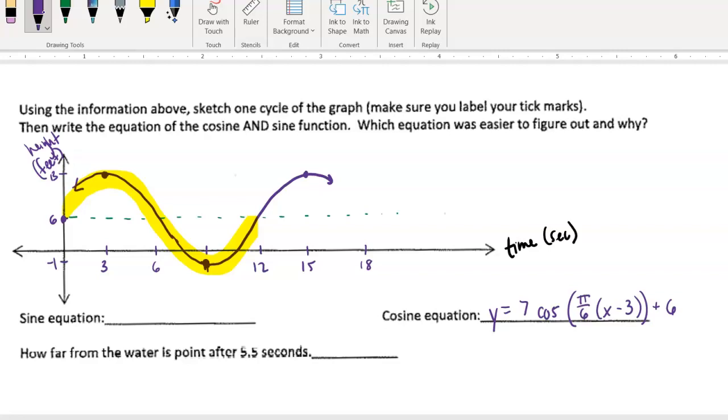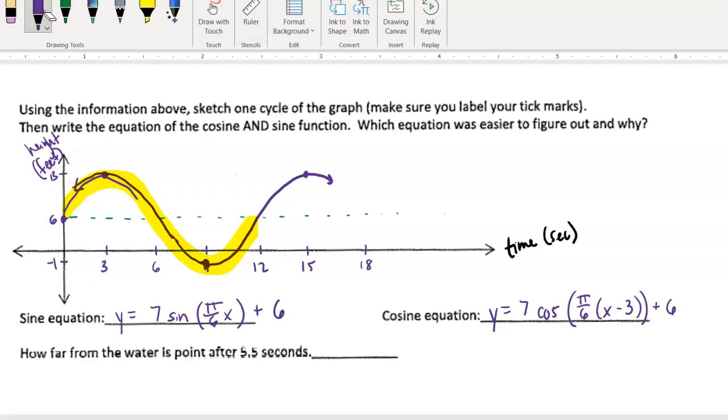And so if we wanted to come up with a sine function, it would still have the same amplitude of 7. And in this case, again, the b value would still be pi over 6. But if I'm basing it on that part of the graph, there's no horizontal shift, so it'll just be 7 sine of pi over 6 times x, and then plus 6.